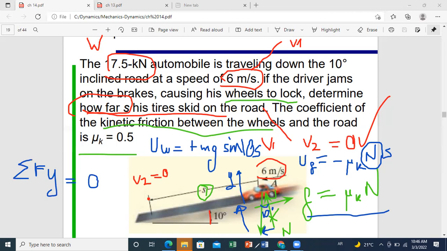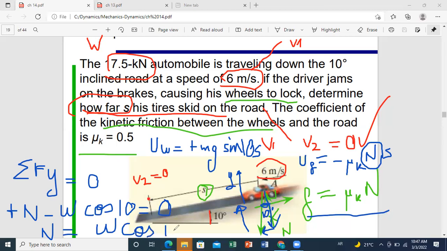Your weight is vertical, and y is perpendicular to the incline here, because we considered x along the incline and y perpendicular to the incline. So if you project the weight on y, it's a negative projection, and you just have to multiply by cosine 10. So you get plus the normal minus w cosine 10 equals 0. This will give you the value of your normal: n is equal to w cosine 10.